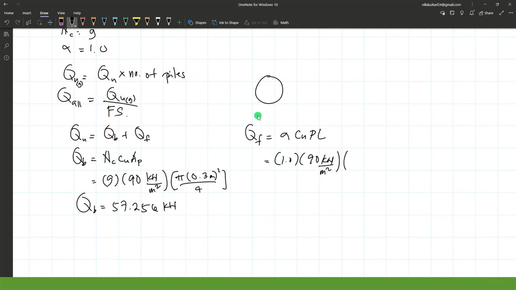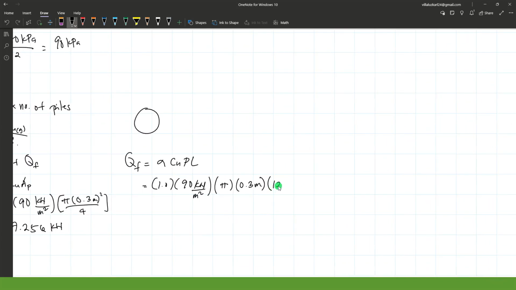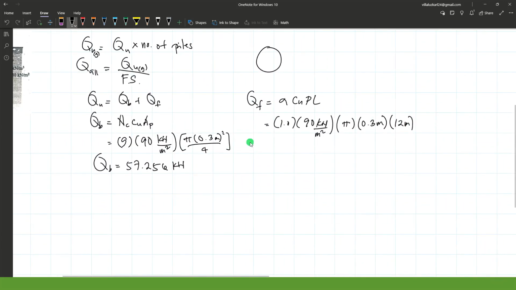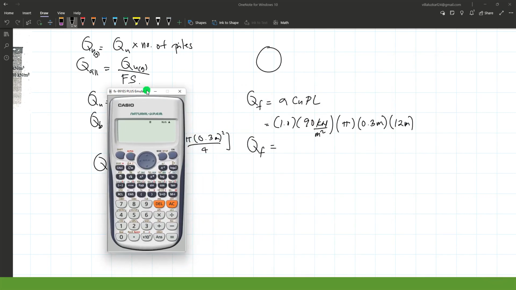Since it's a circle, that's pi D, pi times 0.3 meters, that's your perimeter, and the length is equal to 12 meters. Okay, so we can now determine this frictional resistance. That's 1 times 90 times pi times 0.3 times 12.